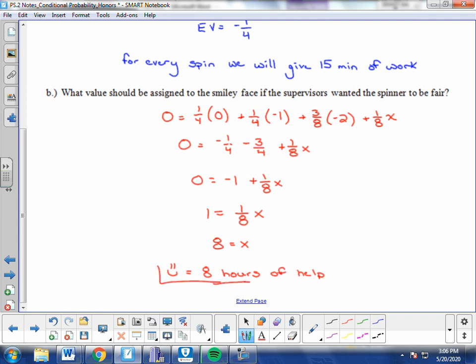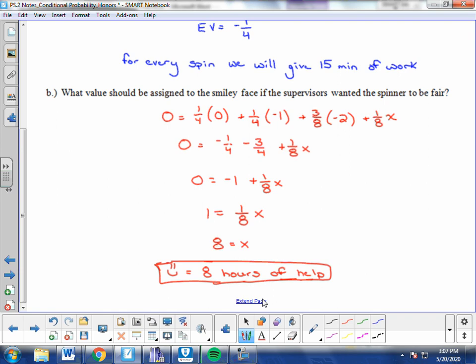So this way, if we assign the smiley face to be 8 hours worth of help over a large number of spins, those hours would balance out. So you might end up giving 15 hours of your time to your volunteer organization, but you could expect about 15 hours of time back from these supervisors to help you.